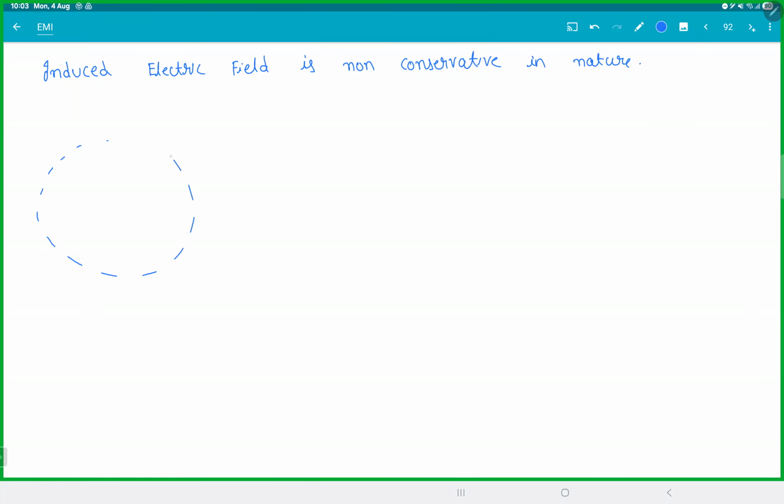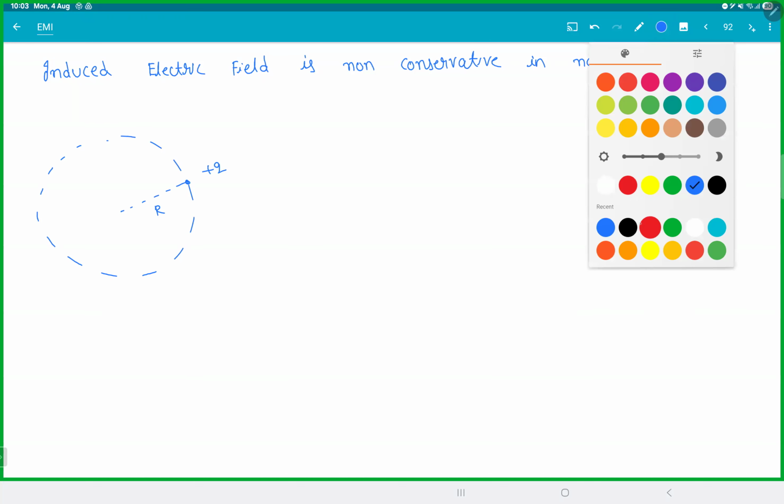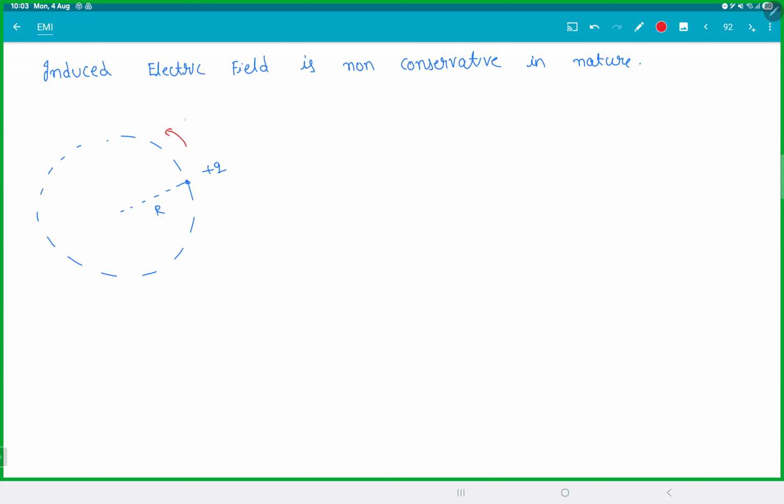So consider we have a charged particle Q here, and we have a circular electric field. If you look at the work done, it's a tangential force, EQ, into 2 pi r.